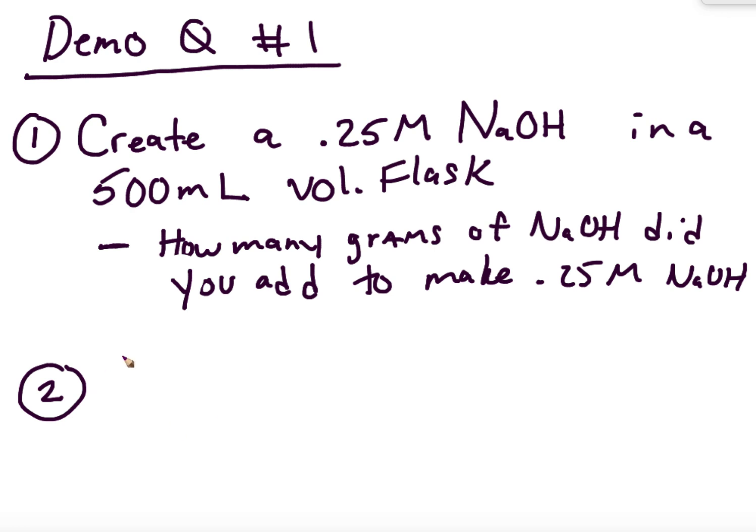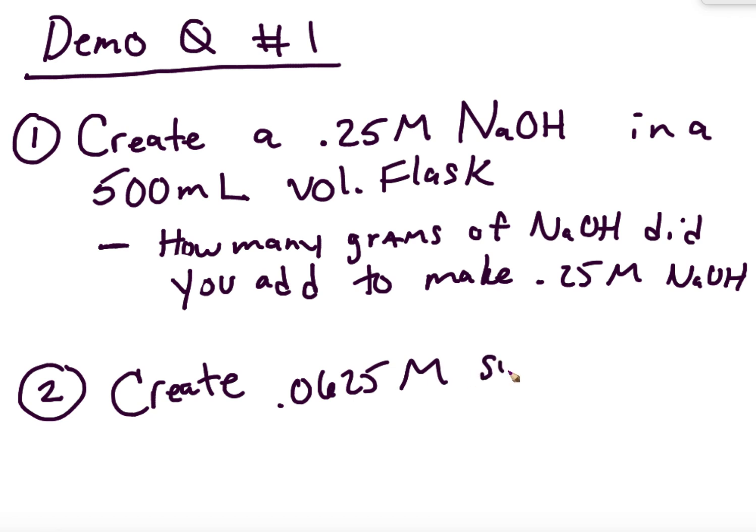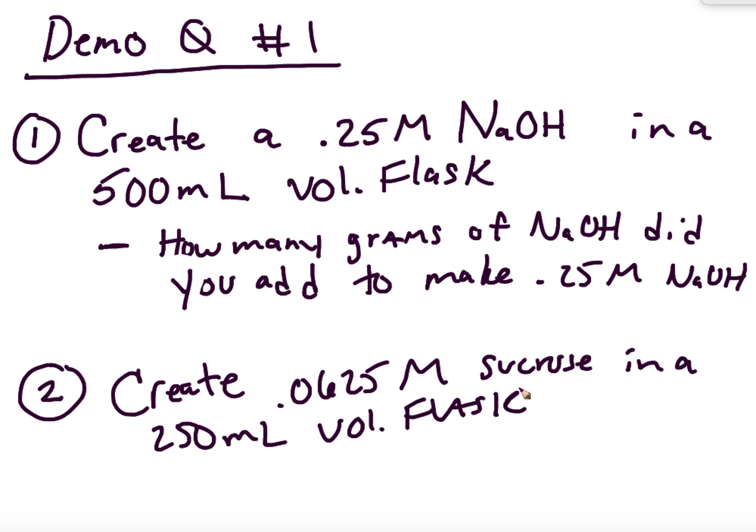Now, also, last one, we'll do 3. We're going to create a 0.0625 molar solution of sucrose in a 250 milliliter volumetric flask. Same type of thing. Tell me how many grams of sucrose we used.